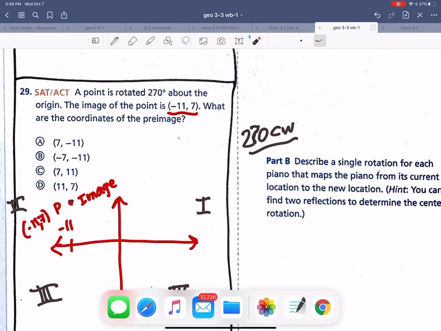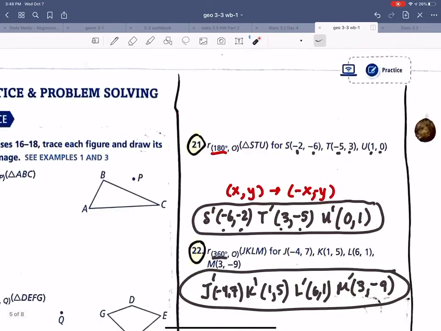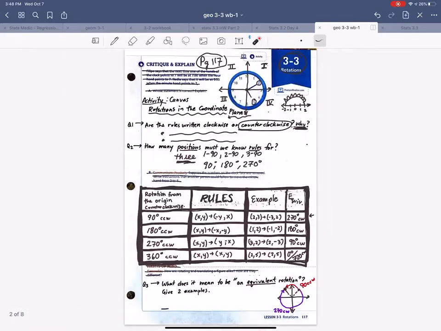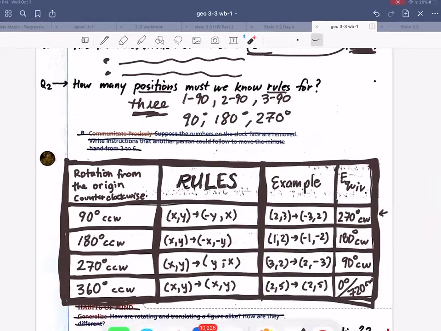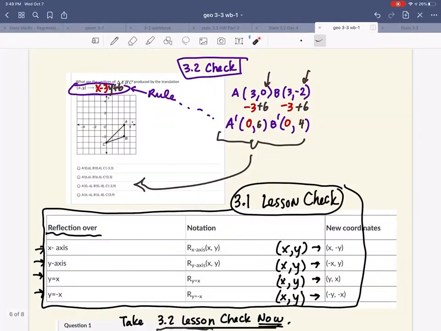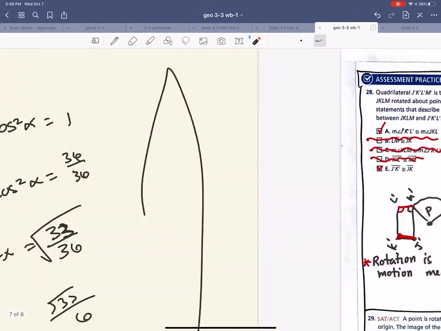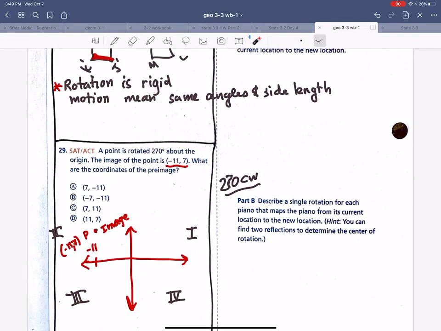Yeah, okay. So I want to know what's equivalent to a 270 counterclockwise. I keep saying it wrong, and I mean the same thing: 270 clockwise. That would have been the same thing as a 90 degrees clockwise. So let's look. 90 degrees clockwise would get me the same thing.